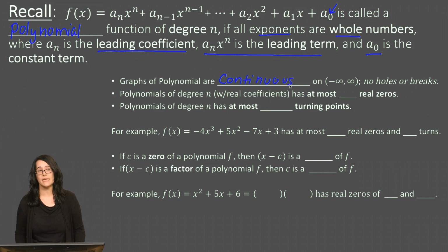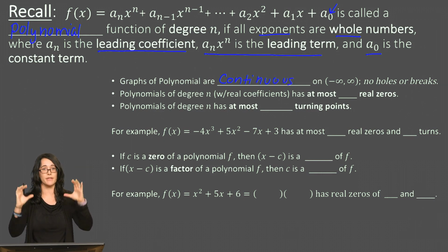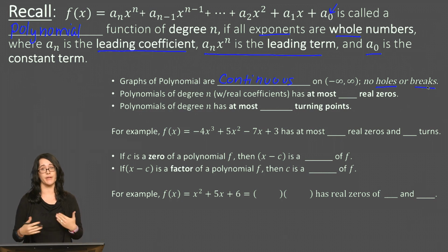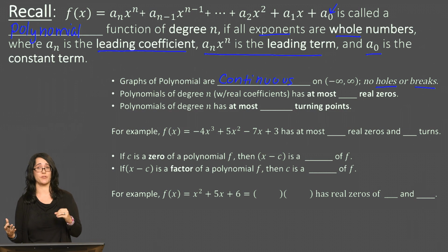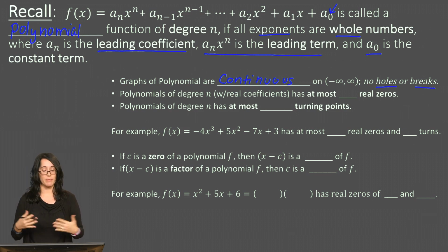From negative infinity to positive infinity, and you can see that in interval notation with those parentheses, meaning that there is no break or no hole in the graph. Now that's not always the case with our functions that we've studied in previous chapters, and in future chapters we will be reviewing rational functions where we have holes sometimes, or removable discontinuities, or just breaks in the graph called vertical asymptotes. But with a polynomial graph, that doesn't happen.